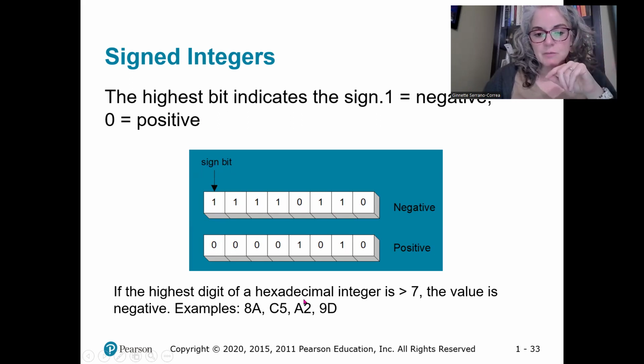In a hexadecimal number, if the highest digit, so the highest digit would be the A, the C, the A, the 9, if it's greater than 7, so 8, 9, 10, 11, 12, 13, 14, 15, then it's a negative number. So in a hexadecimal number, if the highest digit, this digit here that it starts with, is greater than 7, it's a negative number. In a binary, if it's a 1, it tells us it's a negative number.